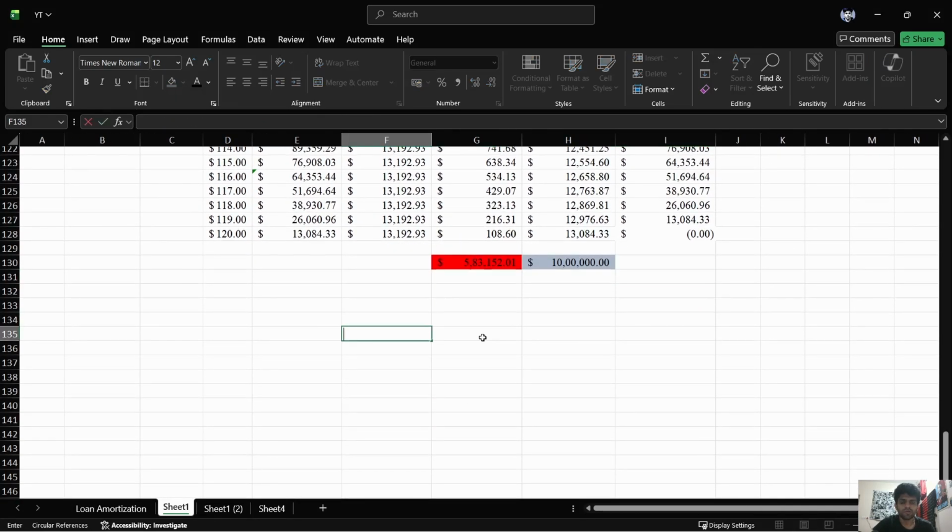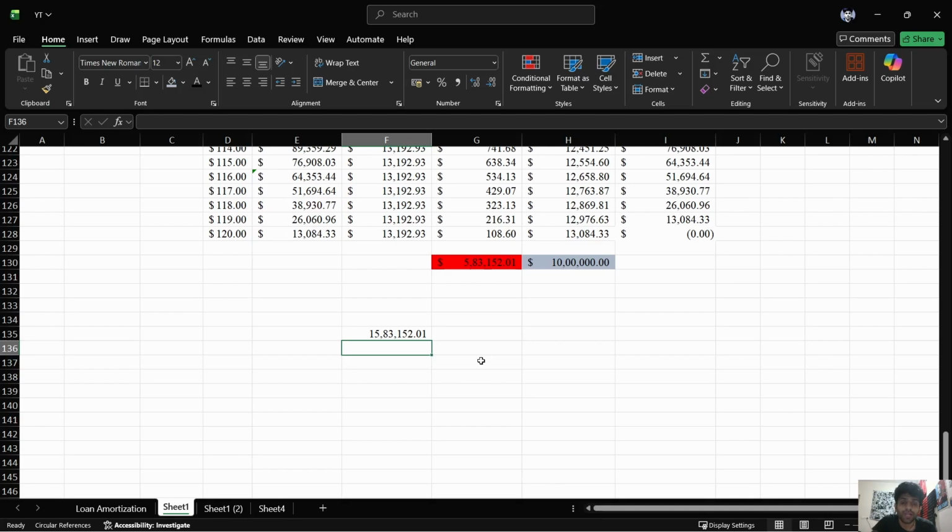Now we'll be calculating the total amount we have paid, which is actually a lot, 15 lakhs 83,152.01 rupees. So we had taken a loan of 10 lakhs for our car, and after 10 years we have paid almost 15 lakhs 83,152 rupees.